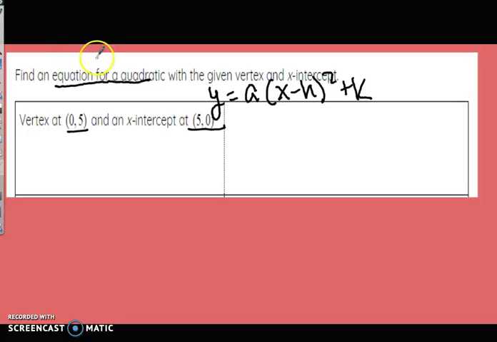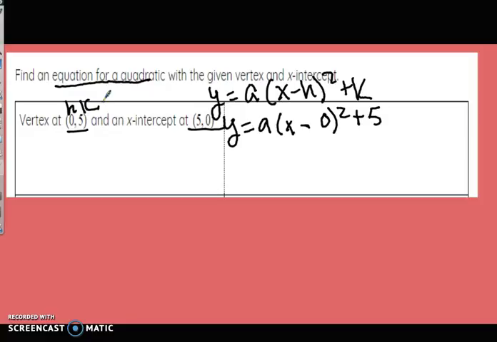What can we put in right now? H and K. So y equals a(x minus 0) squared plus 5. H and K, right?